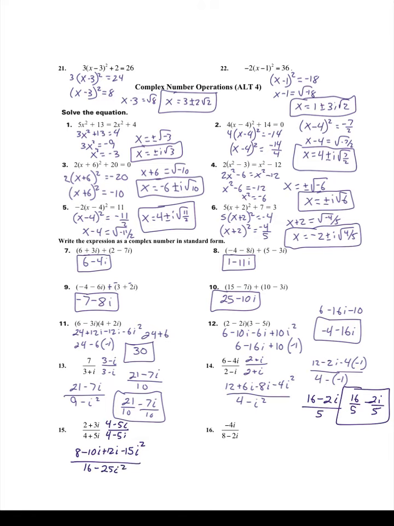Combine your like terms on the top. 8 plus 2i plus 15. On the bottom we get 41. Combine your terms. 23 over 41 plus 2i over 41.